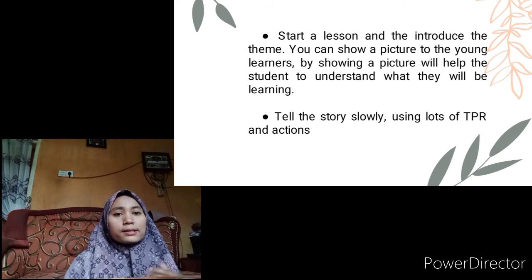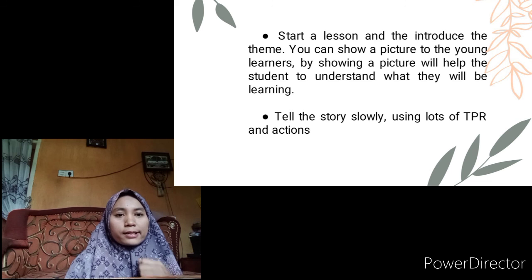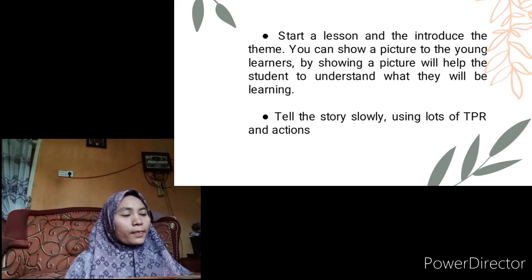And when you tell the story, you can use TPR and action. For example, you say the sentence like "she run fast." So you can do the action like running fast.